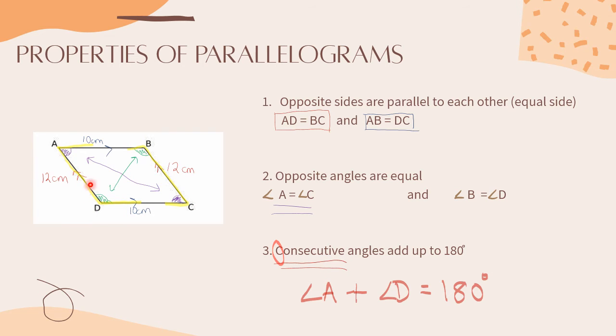When you add them both together, angle A and angle D, they are equal to 180 degree. Same goes to angle B and angle C. If you add up angle B plus angle C, they are equal to 180 degree. Always equal to 180 degree. So these are the three properties of parallelograms that you need to know.